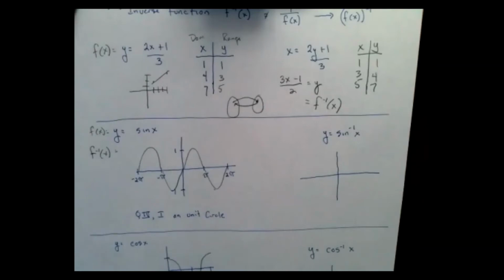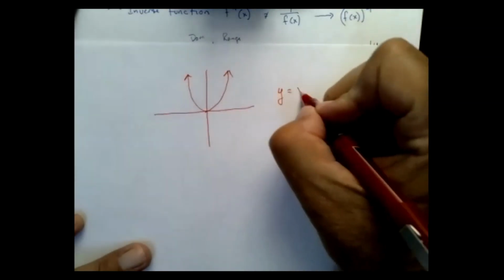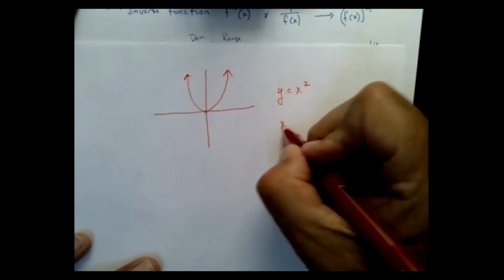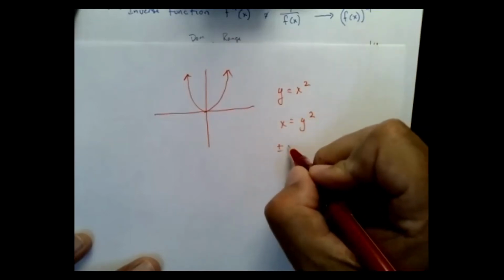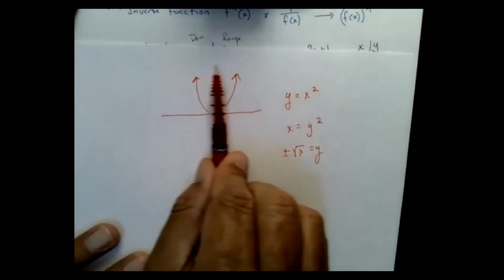Oh yeah, we did have one that went like this, and it was called y equals x squared. But then when I went to find its inverse, I switched these two. I solved, and I got plus or minus the square root of x equals y. And we're going, no, because this passed the vertical, but it didn't pass the horizontal. So what did we have to do?